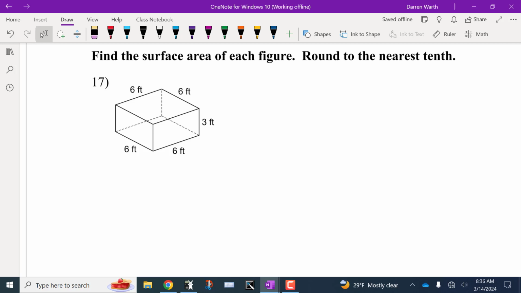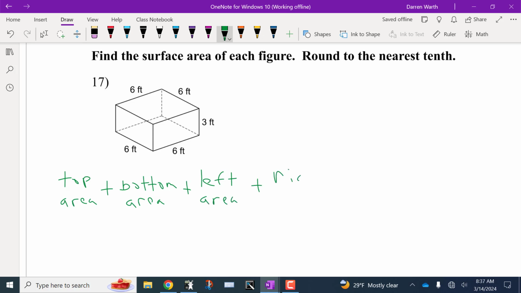So it's going to be the top area plus the bottom area plus the left side area plus the right side area plus your front area plus the back area. So remember, surface area is just the area around the total outside of an object.